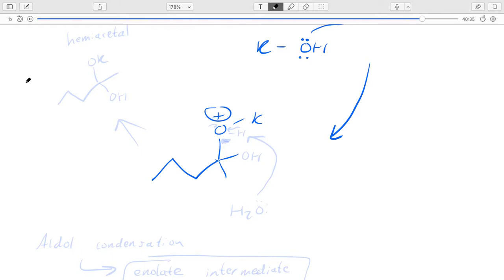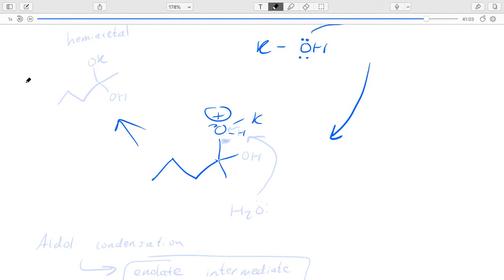This OH group over here will simply pick up that hydrogen, dropping it back onto the oxygen. Is that clear? I need to redraw that. So we have the alcohol group, which picks up the hydrogen, which then will drop its electrons back onto that oxygen.